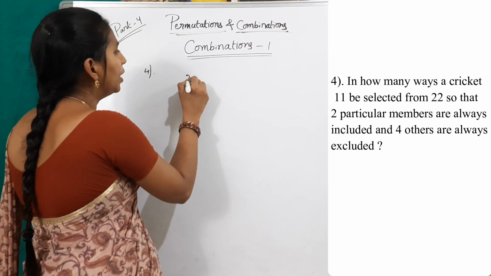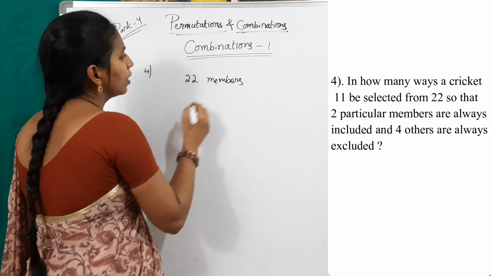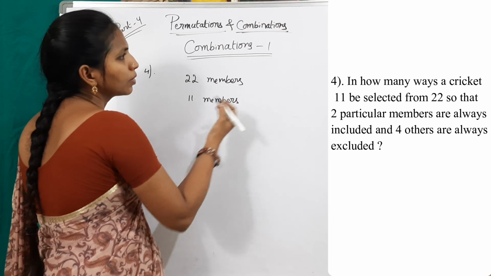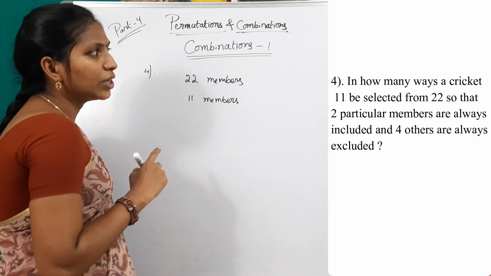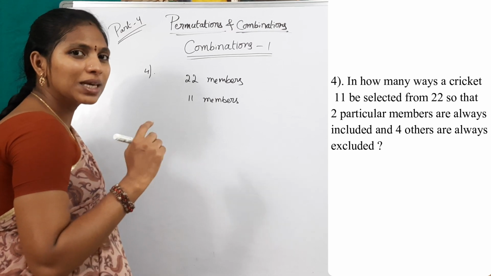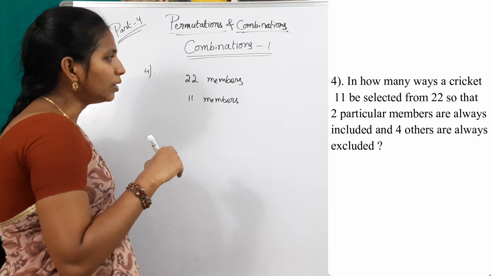Total, there are 22 members. We should select 11 members. What is the condition? 2 particular members are always included. Always included means 2 particular members are selected.